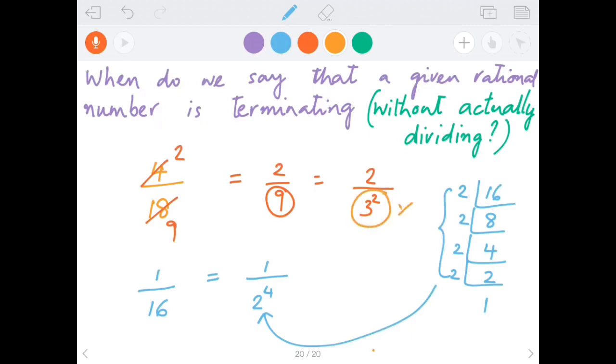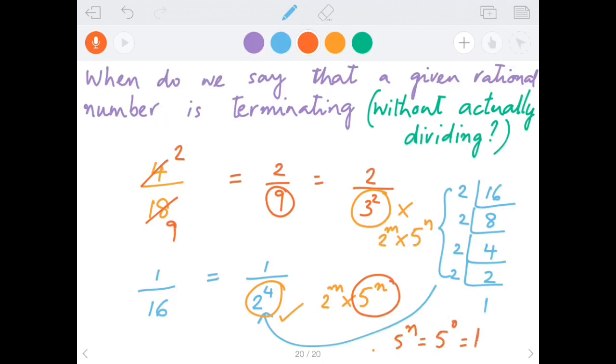Alright, now let us just look at the first number. The first number that we have is 3 square, and we notice 3 square is not of the form 2 power m into 5 power n, whereas 2 power 4 is definitely of the form 2 power m into 5 power n. Now you may ask me why there is no 5 power n there. All you have to do is assume that there's a 5 power 0 which is equal to 1.